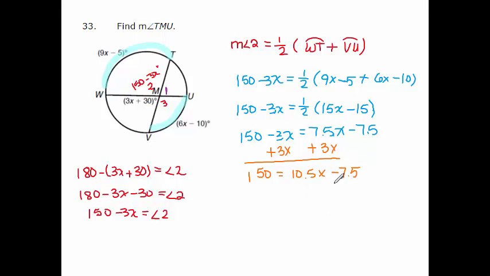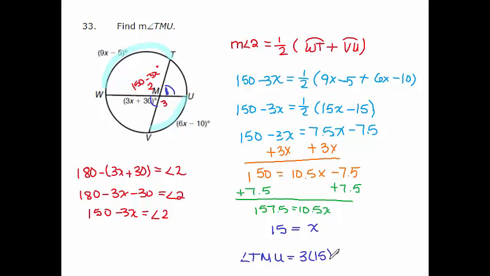So now I can add 7.5 to both sides. And when we divide by 10.5, we find that x equals 15. 3 times 15 plus 30, which is 75 degrees.